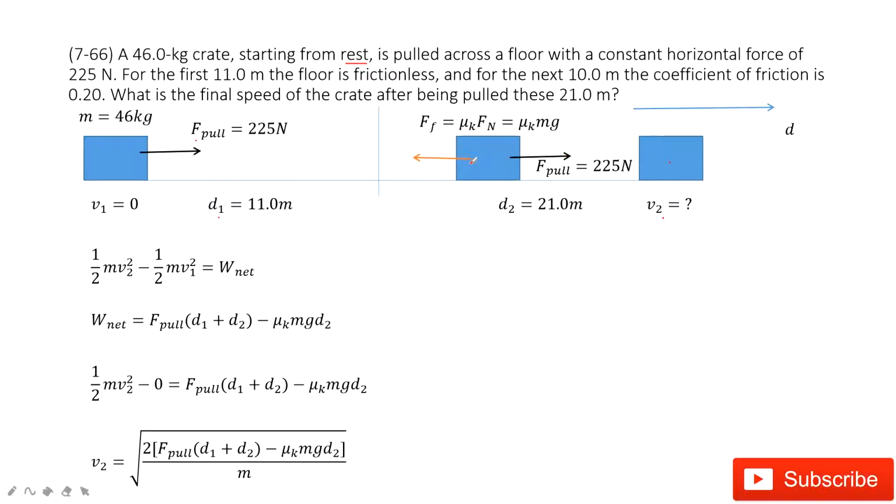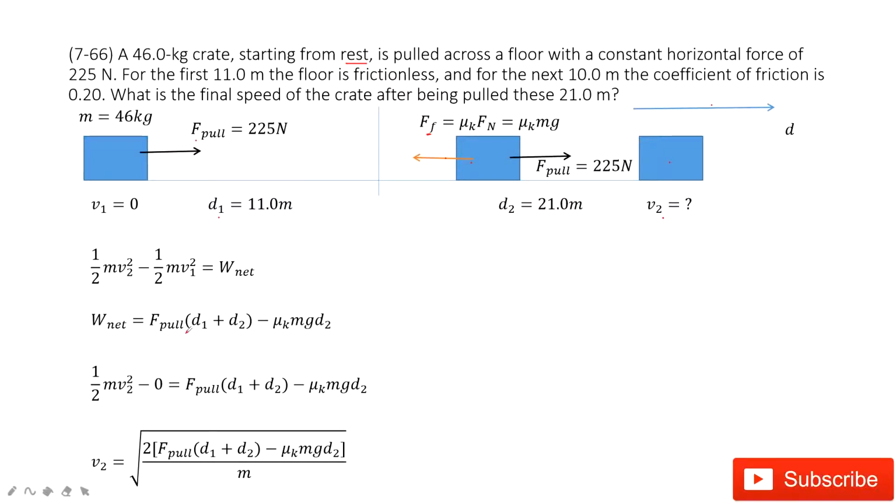And same thing, another work we need to consider comes from friction. You can see the friction force acting on this object, and the force and the displacement are in the opposite direction. So this is cosine 180 degrees, which becomes -1.